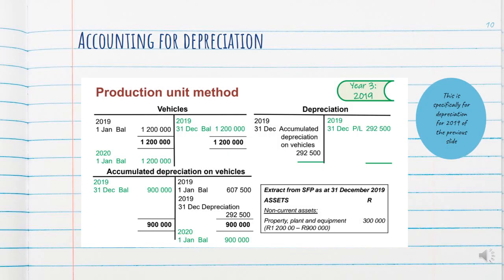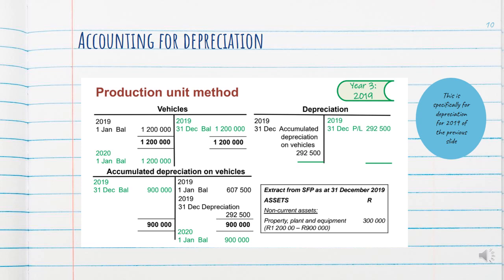Okay, so I'm not going to go into too much detail with this slide because it is pretty self-explanatory, but basically this is just how you account for depreciation in your books and in your financial statements. This specific screenshot is from the depreciation for year 3, so year 2019, from the previous slide.